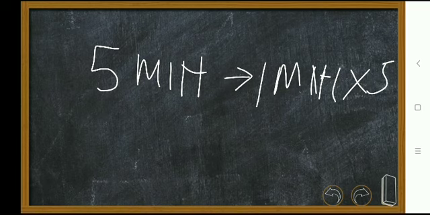I hope I'm making sense. Let me go in deeper so that we are on the same page. Let's start with basic maths. In a 5 minute time frame, you're going to find 5 1 minutes. I hope I'm making sense.